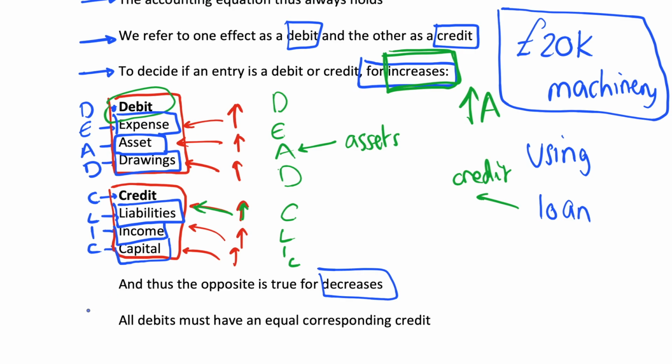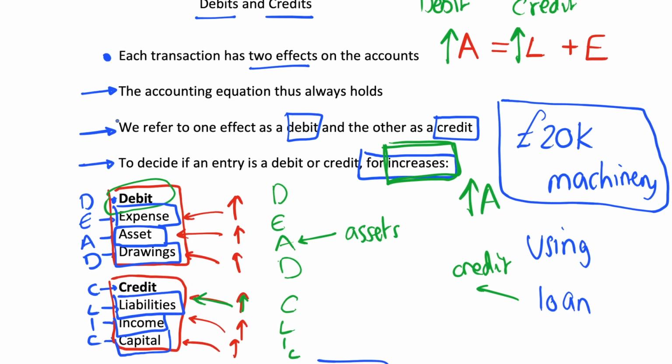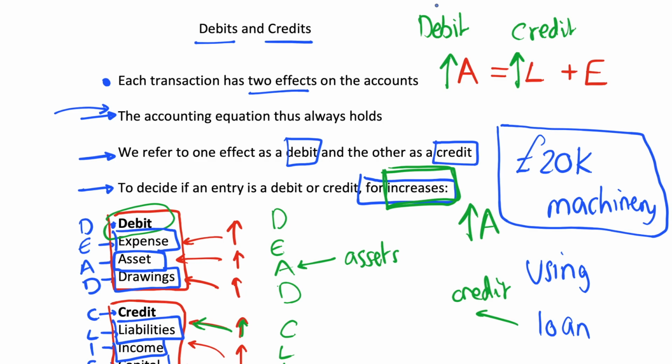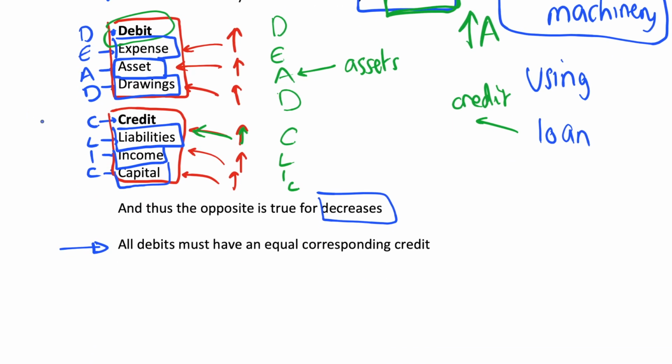And the final point we've already sort of said here, but all debits must have an equal corresponding credit. And the reason for that is, as we've said, the accounting equation always holds. So not only does every transaction have a debit and a credit, but these are equal for every transaction, for the reasons we've discussed in the previous video.